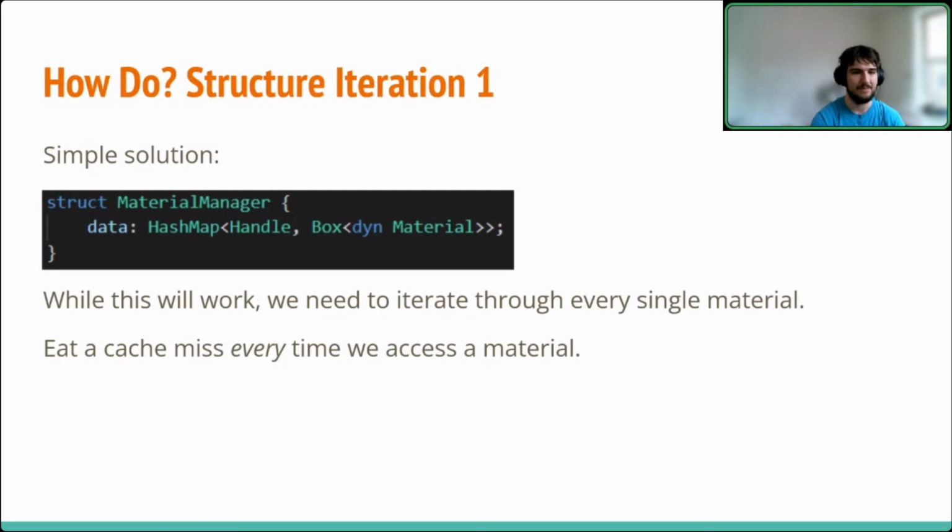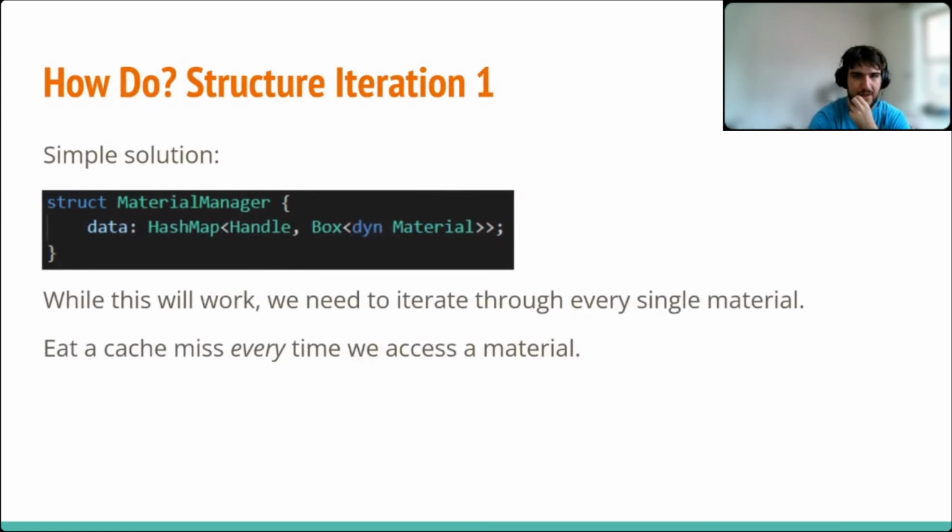It takes a long time. Every single time we access a material, we eat a cache miss because we're chasing that pointer, chasing the box, which is a pointer, and we have to, what is it called? You downcast. That's the word. You have to downcast to the concrete material, which is not expensive, but it's not cheap either.